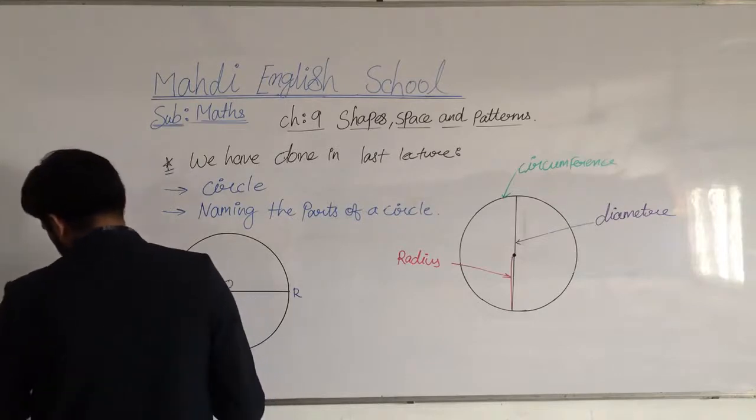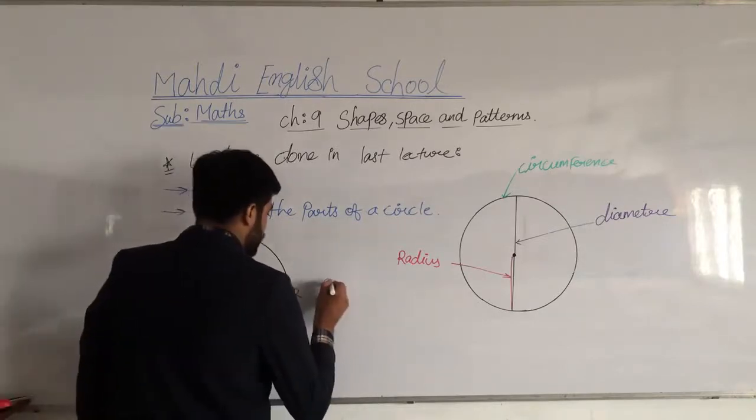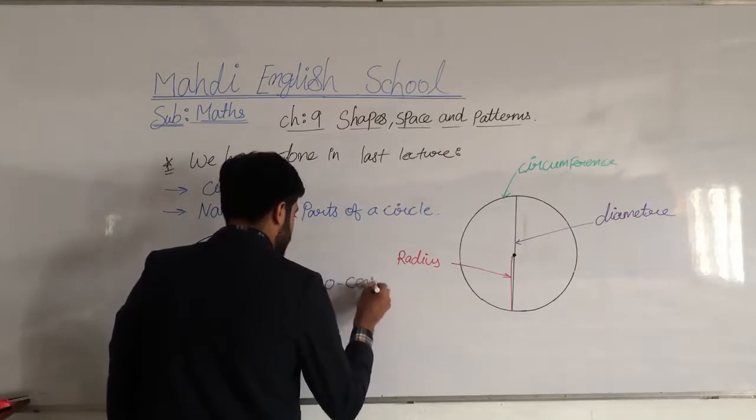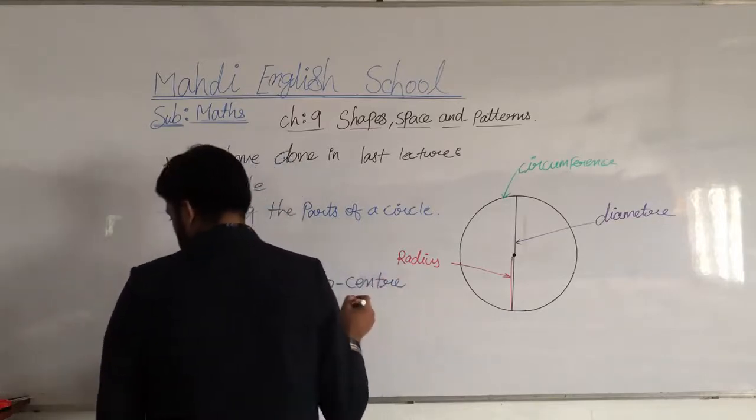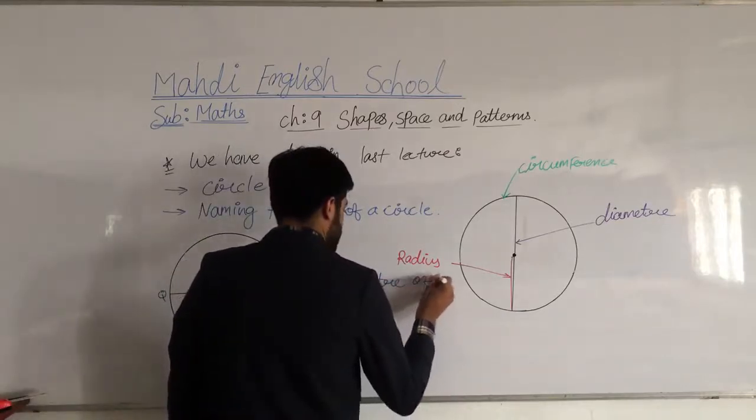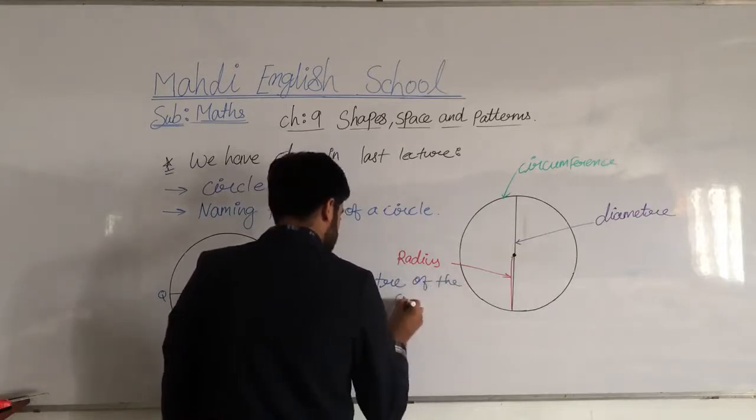So now I am writing here: O is equal to the center of the circle.